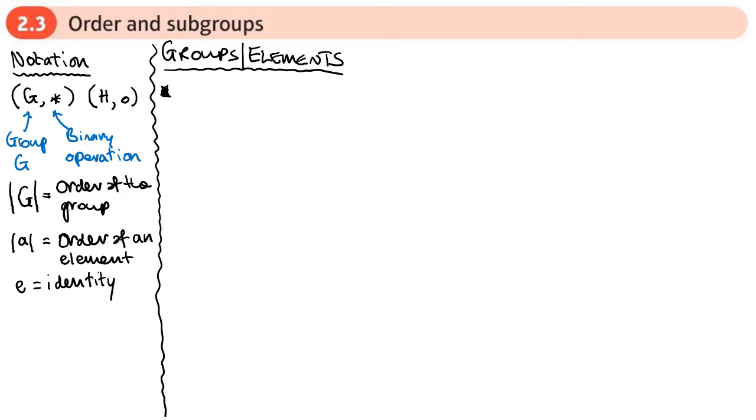Now the order of a group is basically the number of elements in the group. So the order of a group is the number of elements in the group.